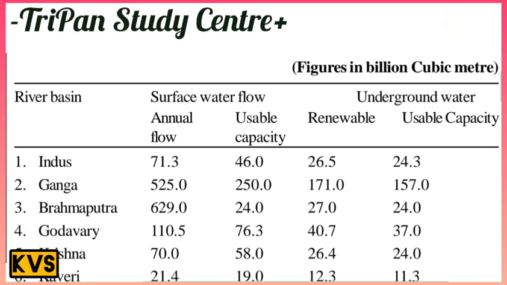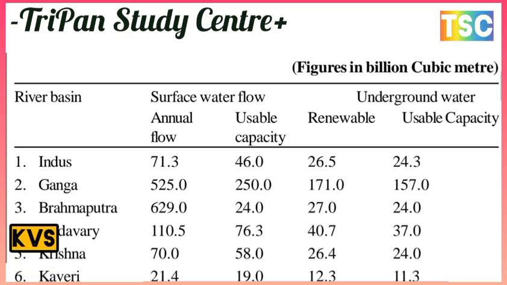Ganga is 525, Brahmaputra is 629, Godavari is 110.5, Krishna is 70 and Kaveri is 21.4. The underground water available capacity is 24 for the Indus. Ganga has 157, Brahmaputra 24, Godavari 37, Krishna 24 and Kaveri 11.3.